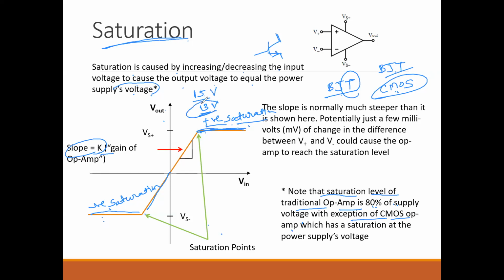So that much saturation value will be there for this op-amp. So if you are providing plus minus 15 volt to the op-amp, how much is coming? 12 is coming. Okay. So 12 volt is 80% of this 15 volt. So its saturation value will be plus minus 12. Positive saturation plus 12, negative saturation minus 12.